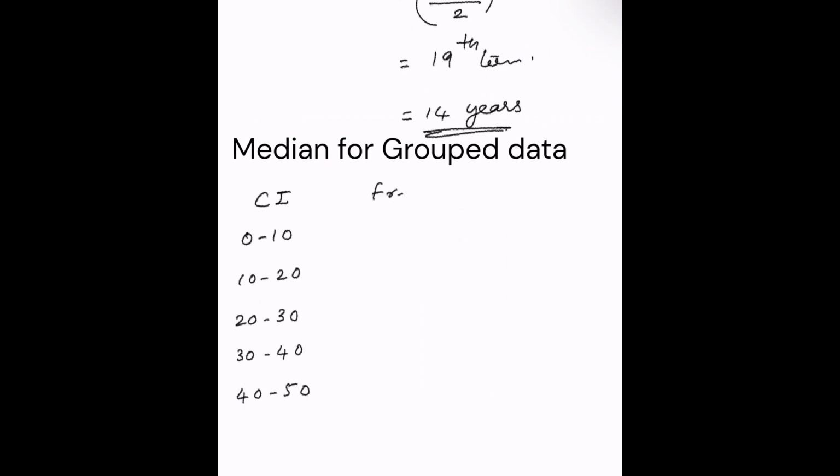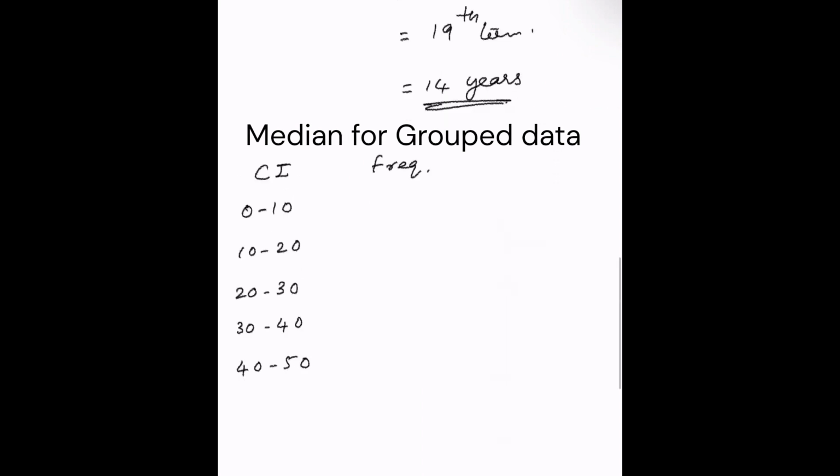And the frequencies are 5, 7, 10, 8, and 5 again. First add the observations and see. I'm getting sigma f as 35.